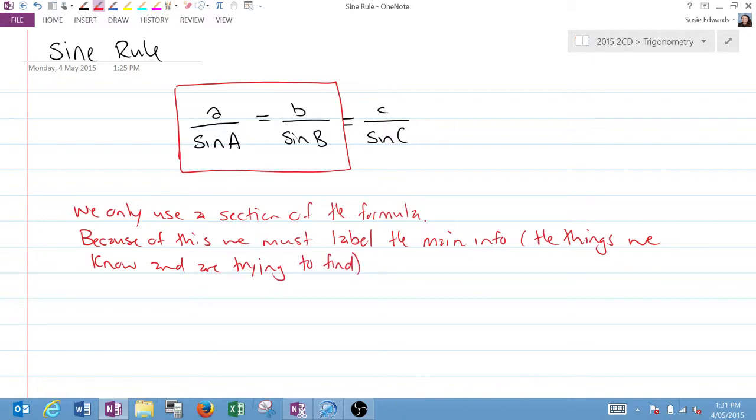We must label the main info as A's and B's, because we're not going to use the C stuff. It's pretty much just saying the ratio between the angle and the side opposite it are always going to be equal to each other. A and sine A, B and sine B, C and sine C.